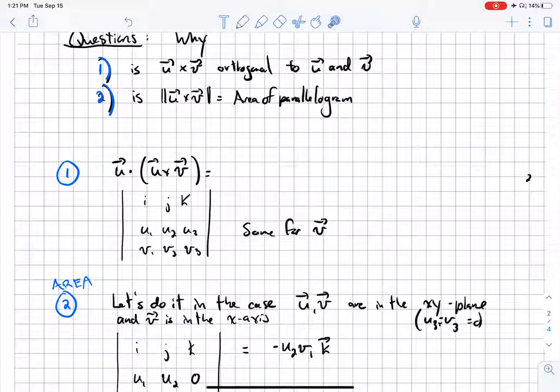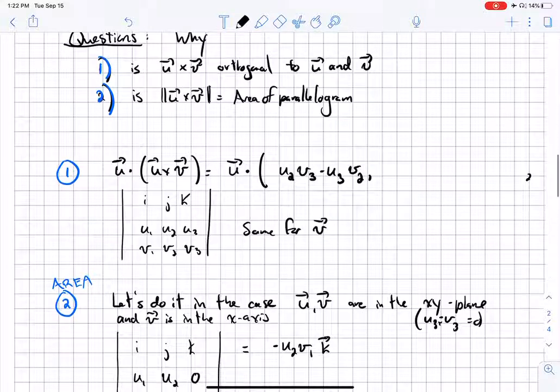How do I know that u cross v is orthogonal to u and v? Let's do it with u, and v is the same. Let's do u cross v again with the trick. I get u2 v3 minus u3 v2 in the x coordinate.